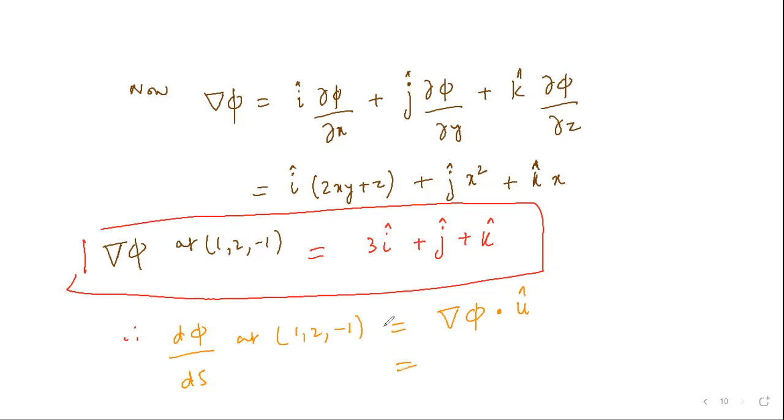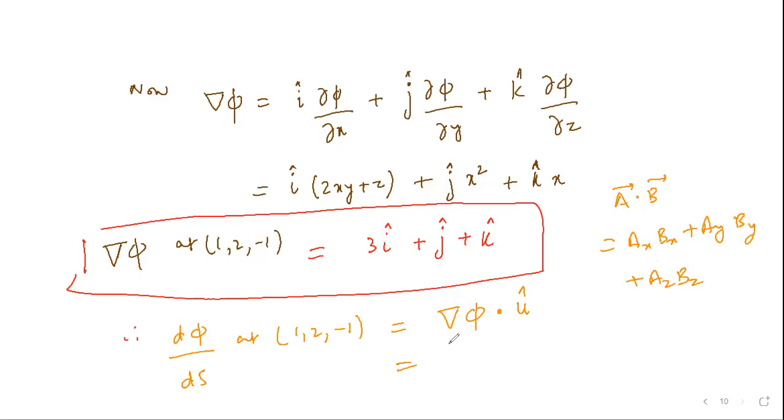So how do you find the dot product? Simply, if I have two vectors, in component form, dot product is simple: ax bx plus ay by plus az bz. So simply you have to find the dot product.